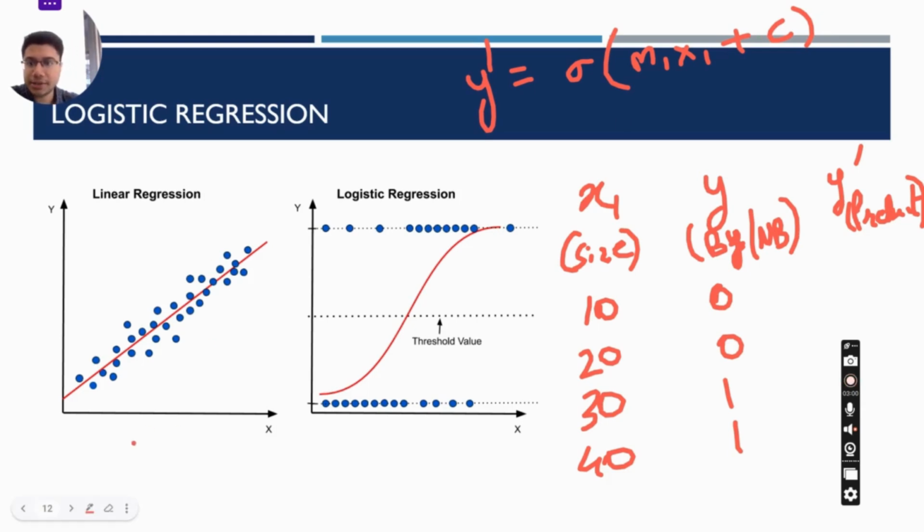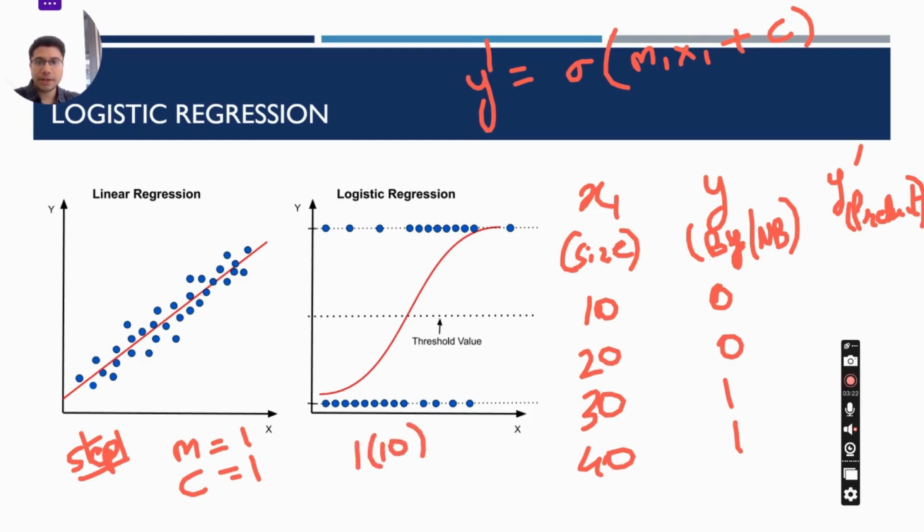Step 1: how will we calculate m and c? We randomize m and c. We take m as 1 and c as 1, and we calculate m1 x1 plus c followed by sigmoid. So 1 multiplied by 10 plus 1, which is c, gives us 11. So z is 11.